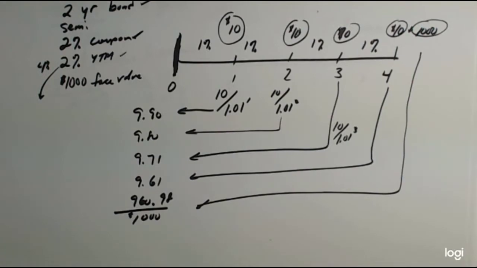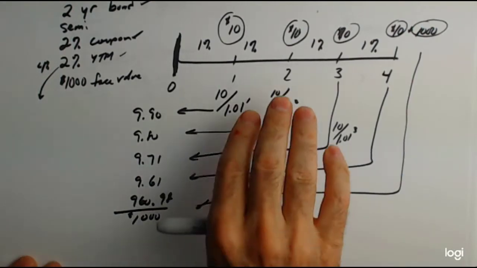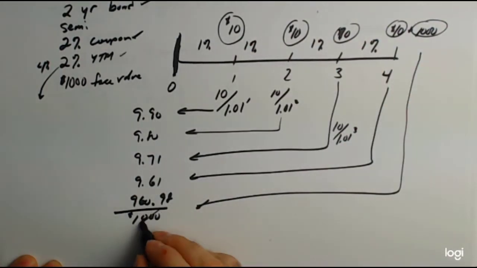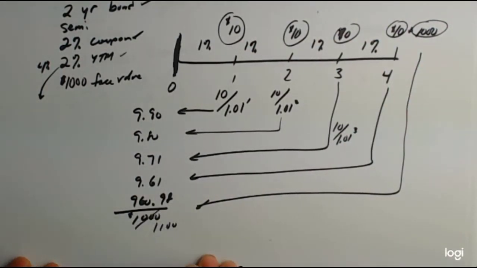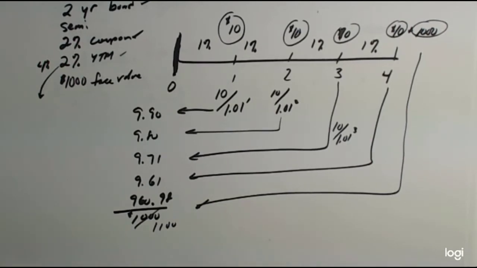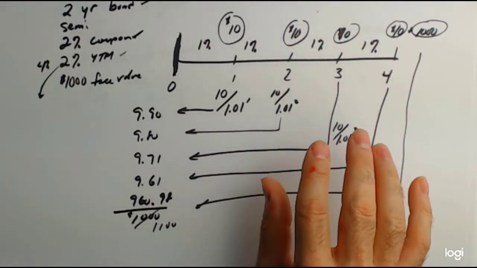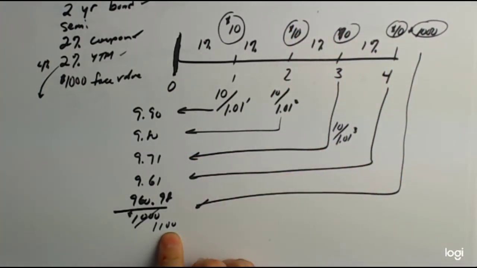So if a financial institution strips a very long-term bond, maybe the bond, instead of being worth $1,000, would be worth $1,100, and it would be in their interest to buy up a whole bunch of Treasury coupon bonds, strip them, and sell the pieces for more than what it was worth as a package. It's kind of like buying an entire new car and then taking the whole car apart and selling the pieces. The sum of the pieces would be worth more than the car itself as a package. So that's the way to think about it.